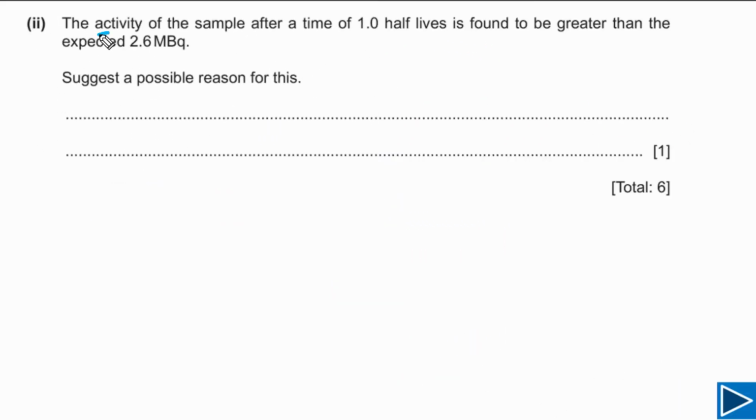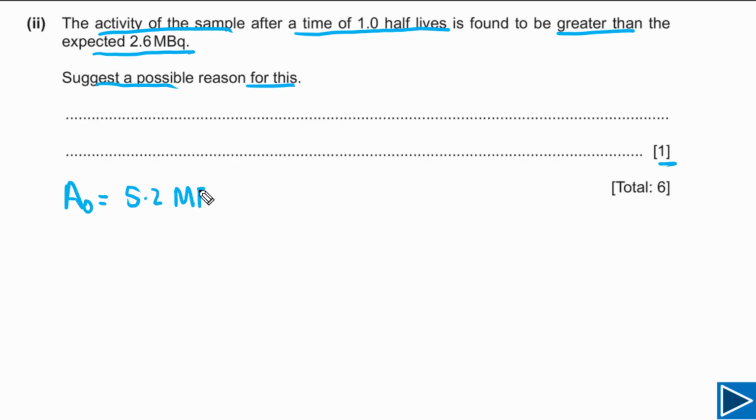For the second part, it is given that the activity of the sample after a time of 1 half-life is found to be greater than the expected 2.6 MBq. Suggest a possible reason for this, and this question has only 1 mark. First of all, let's understand what the question is telling us. It is given that the initial activity of the sample was 5.2 MBq, and after 1 half-life it should decrease to half, meaning the activity should be 2.6 MBq.